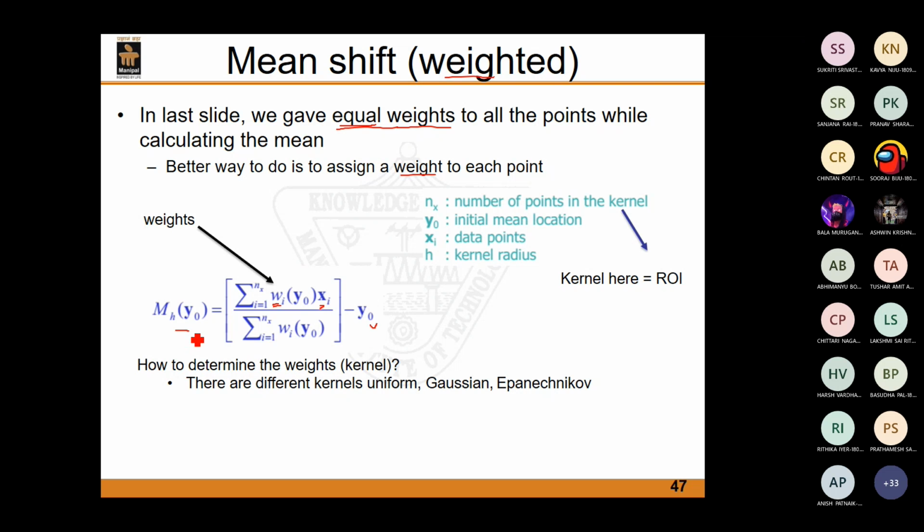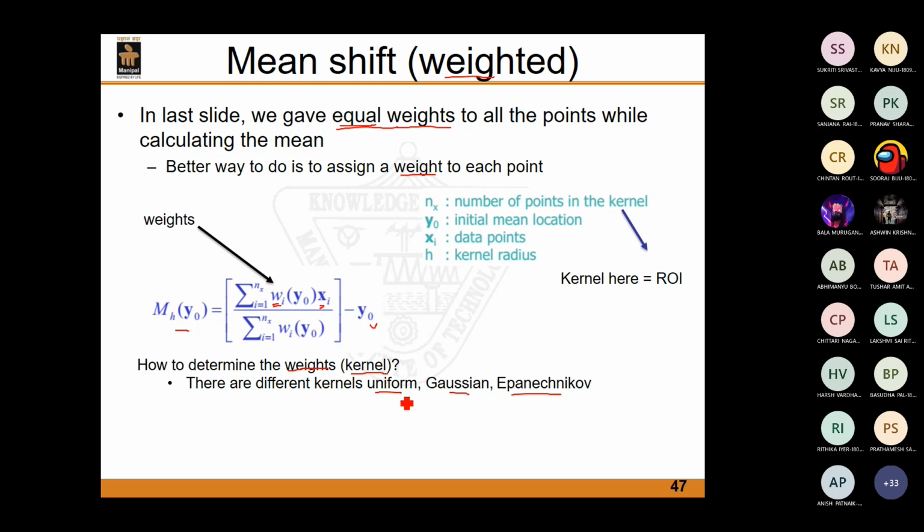Okay, so how do we decide what weights have to be assigned? In order to determine the different weights, you can make use of various kernels. Some of the kernels you may be familiar with are the uniform kernel, the Gaussian kernel, and the Epanechnikov kernel.